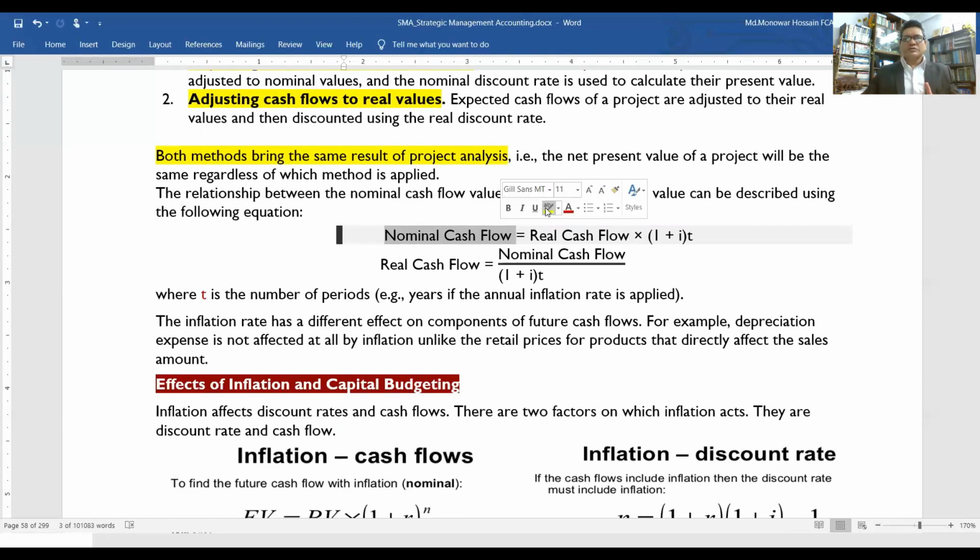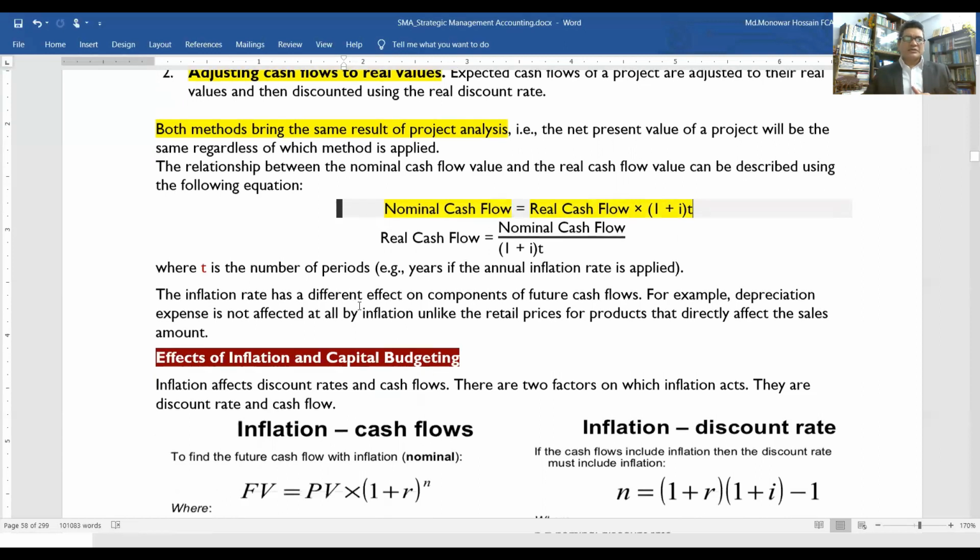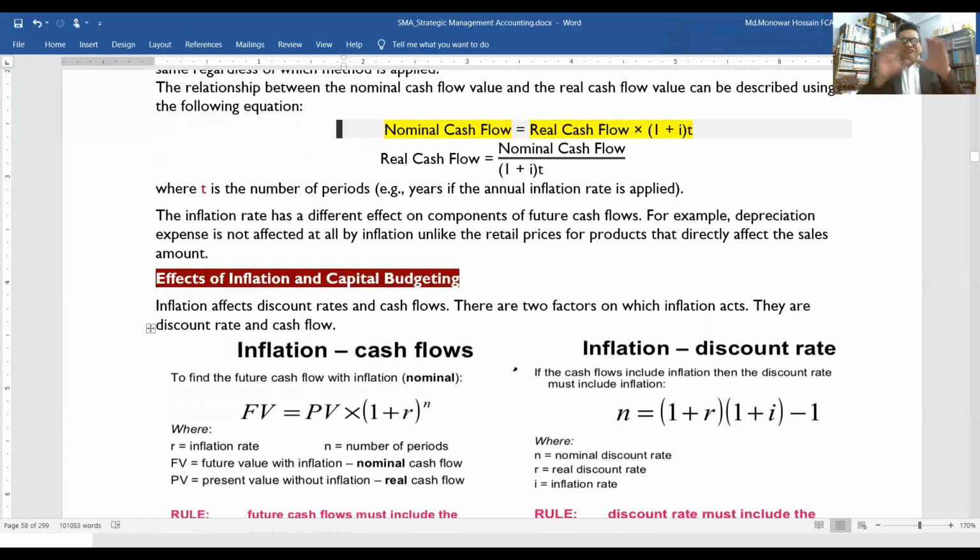Nominal cash flow = real cash flow × (1 + i)^t, so real cash flow = nominal cash flow / (1 + i)^t, where t is the number of periods in years and i is the annual inflation rate applied. The inflation rate has a different effect on components of future cash flows.